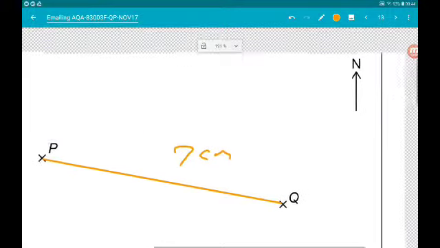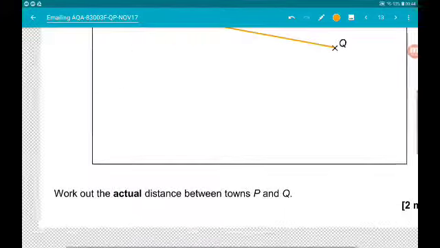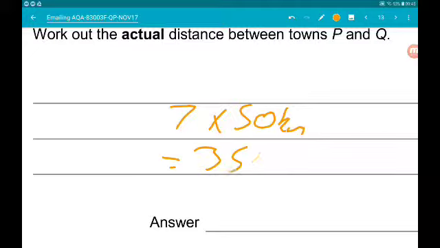Now then we use the scale, that 1 centimetre represents 50 kilometres. So we then do 7 times 50 kilometres is 350 kilometres. Cool.